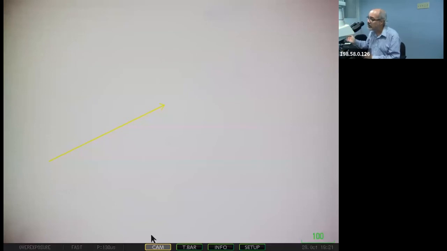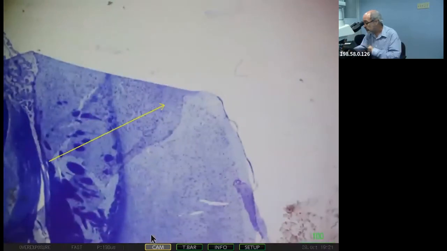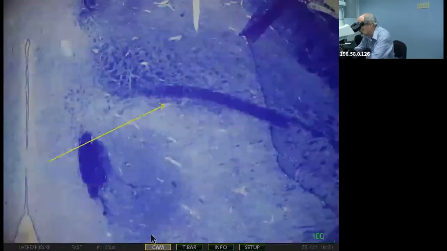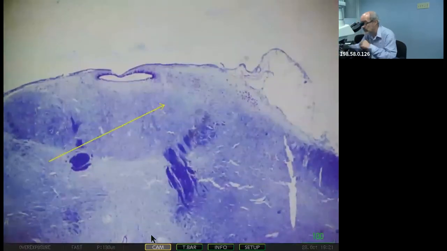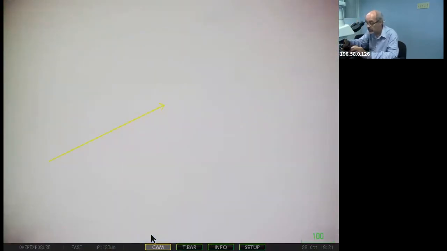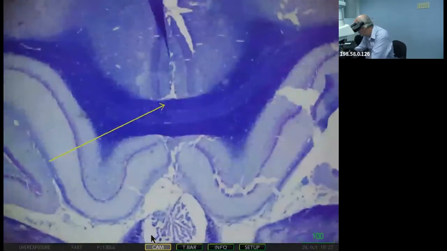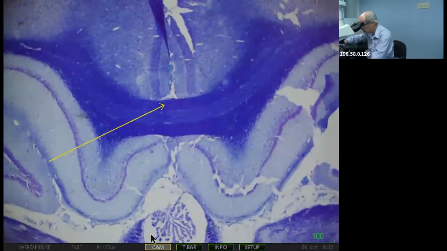Okay, so now imagine you want to show, and remember, you have your gray matter in the cerebrum and in the cerebellum at the periphery, and your white matter is in the center. There is one special staining which is called Luxol blue.